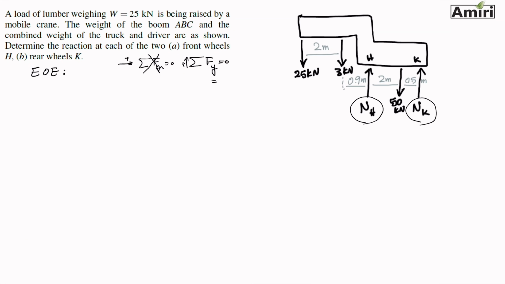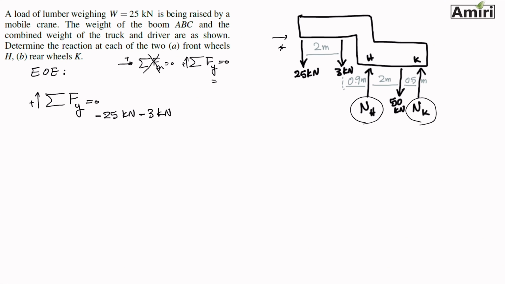I can have summation of forces in y. Anything that points up is going to be positive. So let's just start from this side and make our way across this free body diagram. I see a 25 kilonewtons pointing down, that's negative. Another 3 kilonewtons pointing down, that's negative.